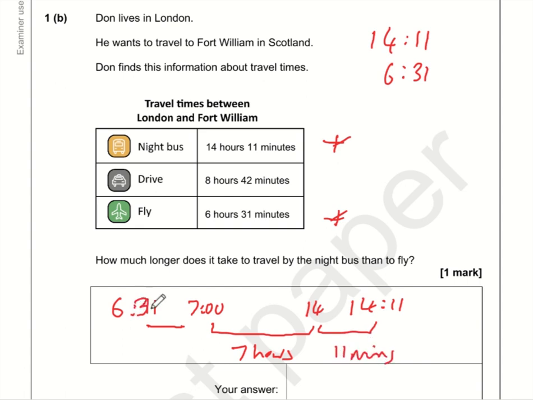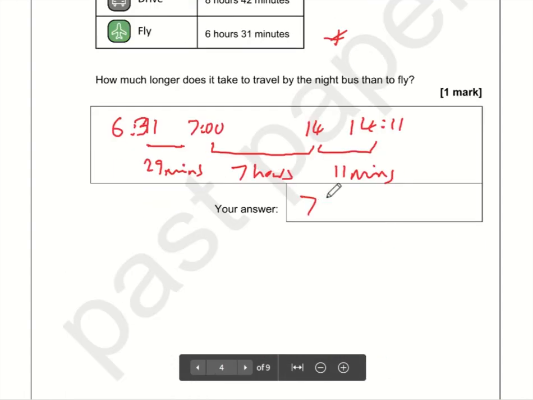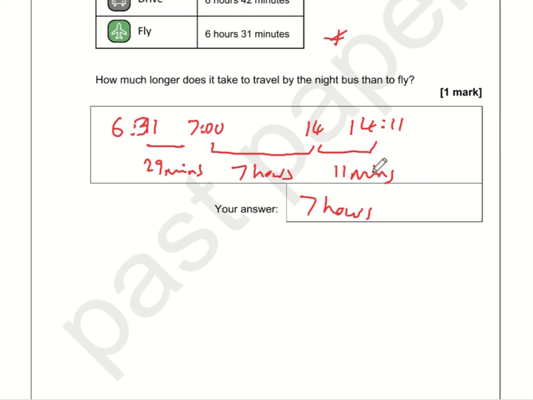And between 6:31 and 7, that is 29 minutes. So the overall difference is all of these times added together. So that is 7 hours, and what is 29 plus 11? That is 40 minutes. So 7 hours and 40 minutes.